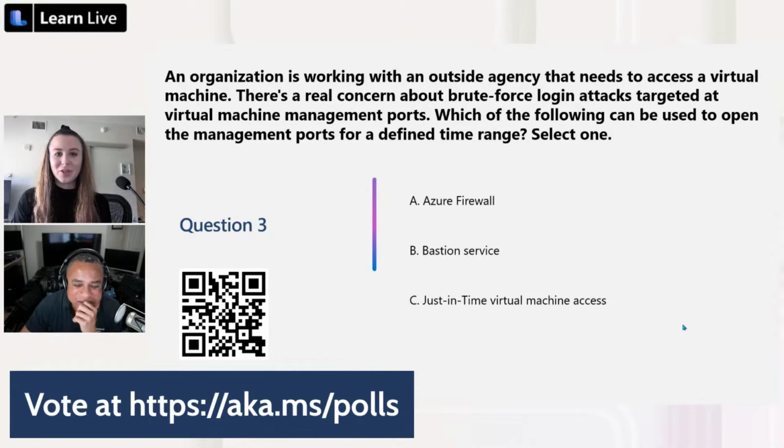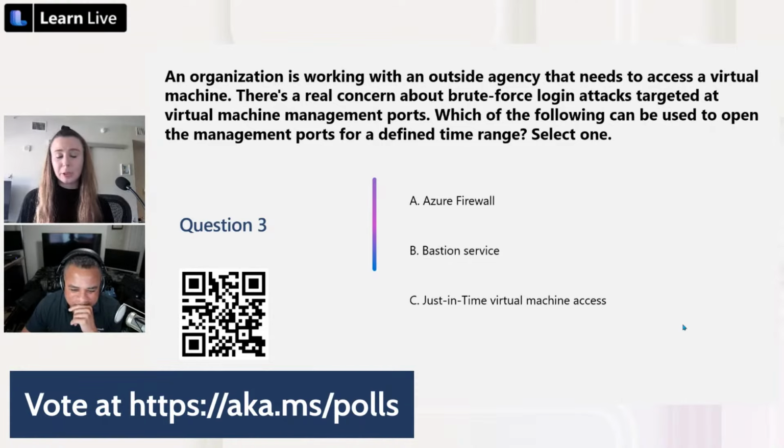Yeah. So we did talk a lot about this. I mean, Azure Firewall and Bastion Service, those are great ways to lock down management ports altogether. But as we know, there are going to be times where a user does need to connect to a virtual machine from a public IP address through the management port.